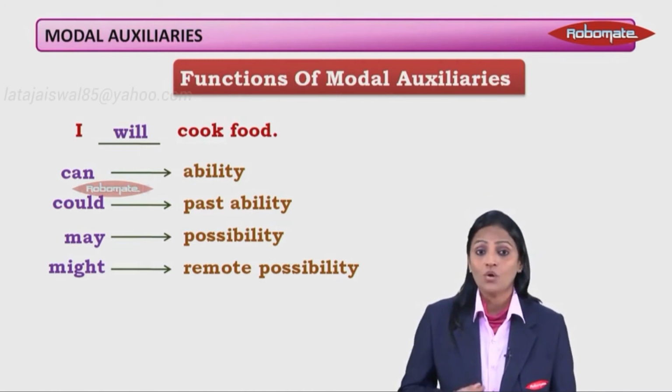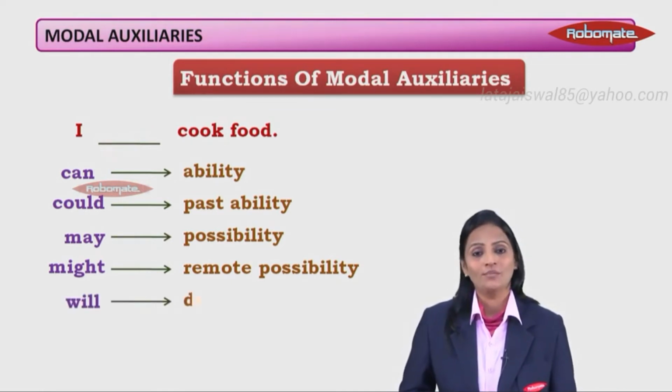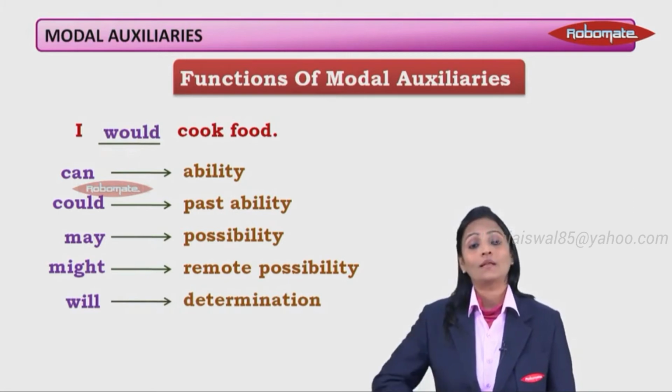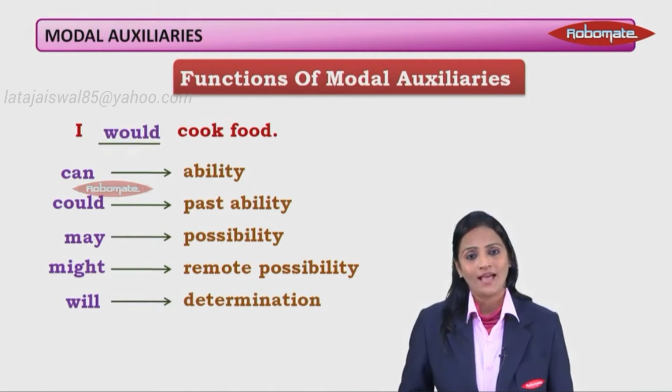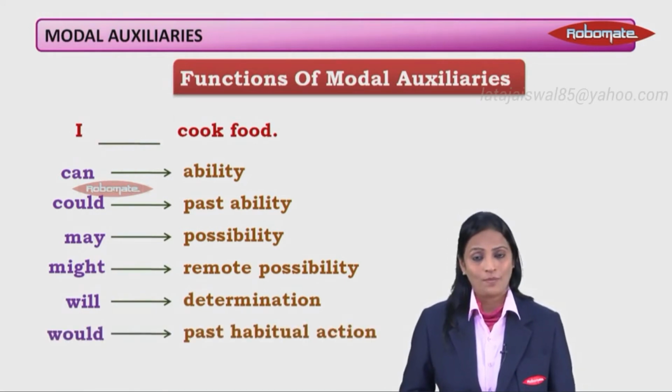But if I use a will with I, then it shows determination. But if I say I would cook food, that means at a particular time in the past, I would continuously do this action. So it is past habitual action.